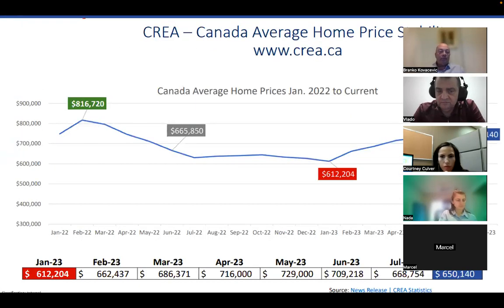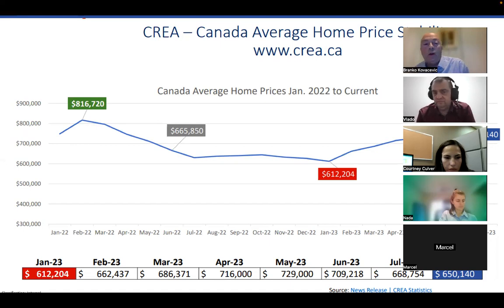Also, since you're realtors, you probably know all the stats. The mortgage rate influences not just the volume, but also the average price in the real estate market. For example, in January 2022, the average price was $816,000, and then interest rates started rising.